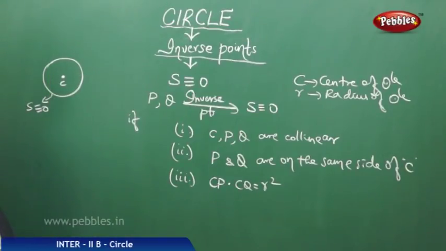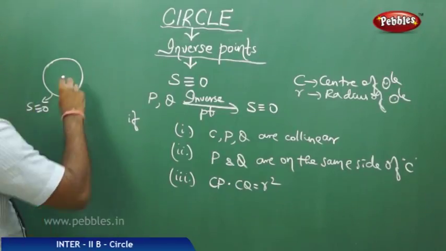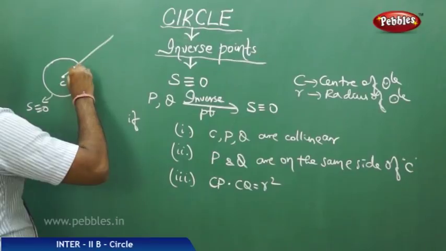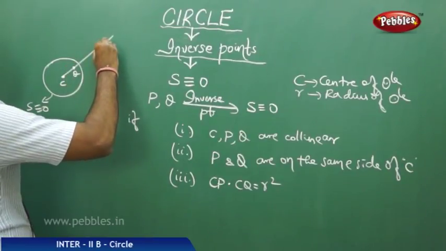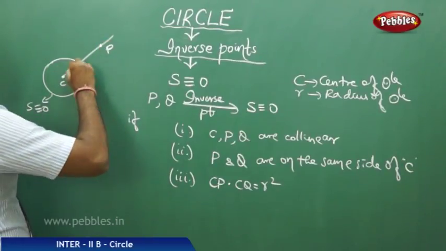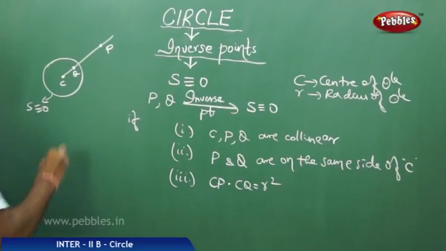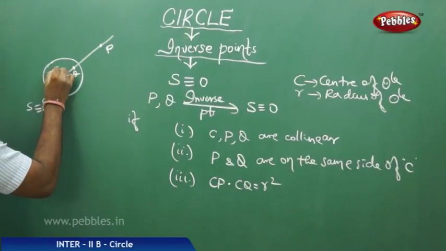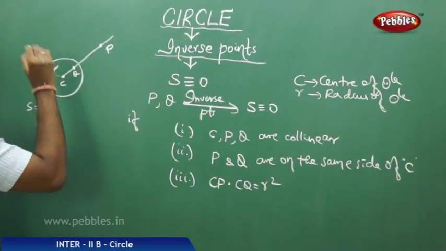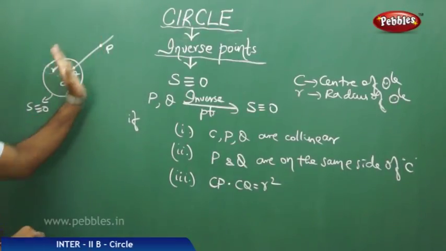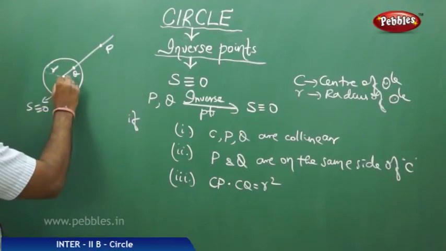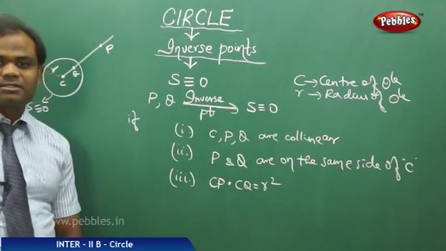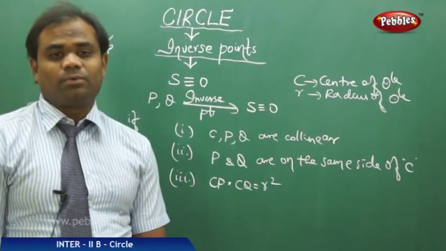Now suppose I have two points P and Q such that they are collinear, that is I have P here, Q here, then in this case the radius of the circle is R. Then if P and Q are on the same side of C, then CP dot CQ equal to R squared is the condition which makes us define the inverse points.